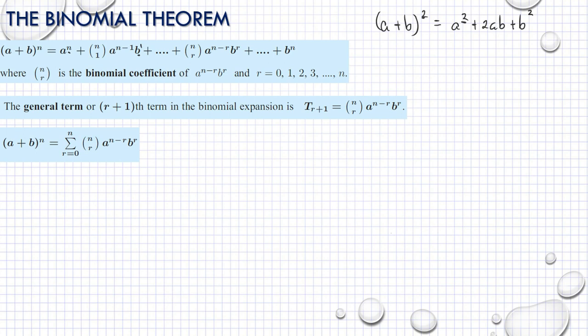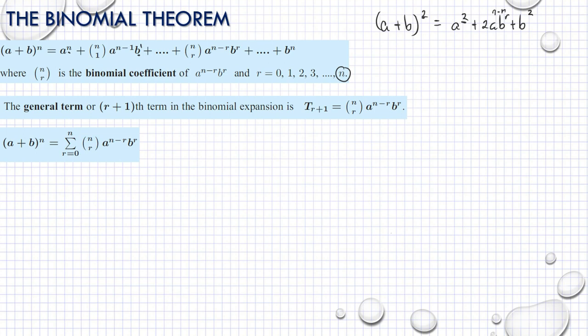Where n taken r is the binomial coefficient of a raised to n minus r, b raised to r. Okay, this is your r now. That is n minus r, that is 2 minus 1, and then we have our r here. That's 1. And r is 0 up to n, because they can be equal.